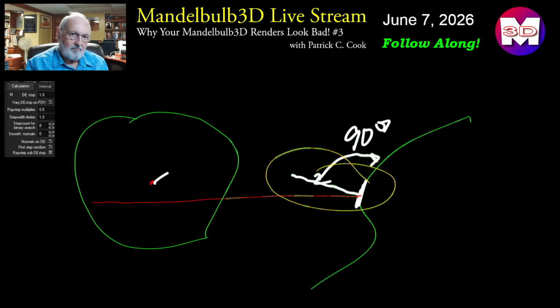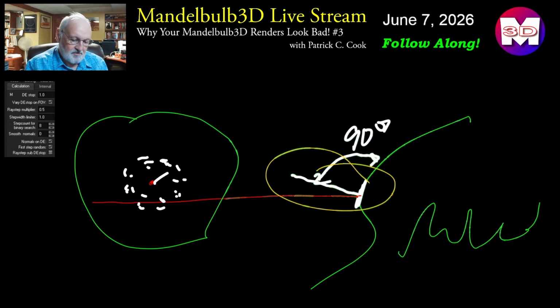But now the smooth normal says, look, consider the other hits right around that area. Consider their surface. For instance, if the Mandelbulb were very surfacey like that, and we have the ray come in, the smooth normals will say, consider all the hits around that area to the number that I provided.